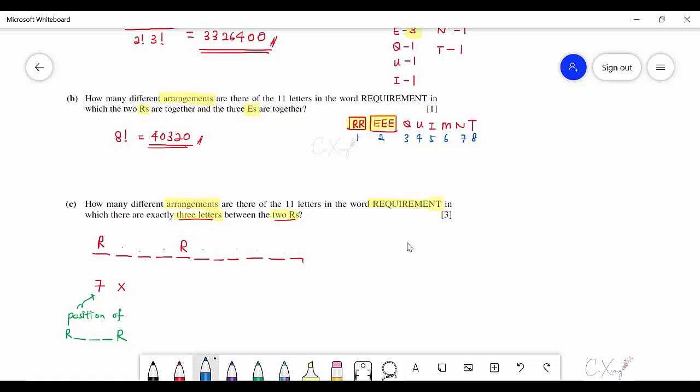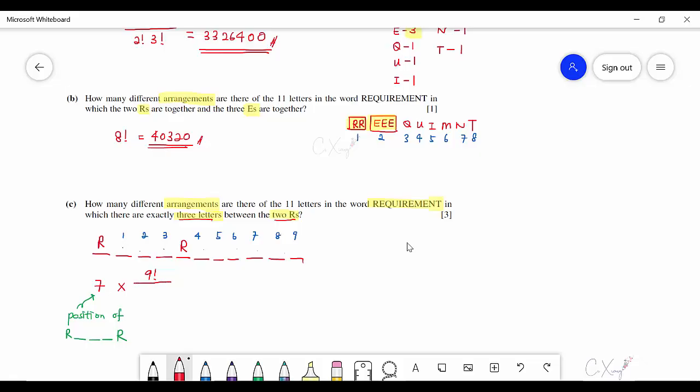How many empty spaces do I need to arrange my other letters? I have 1, 2, 3, 4, 5, 6, 7, 8, 9. I need to arrange all the 9 letters here, therefore multiply by 9 factorial.